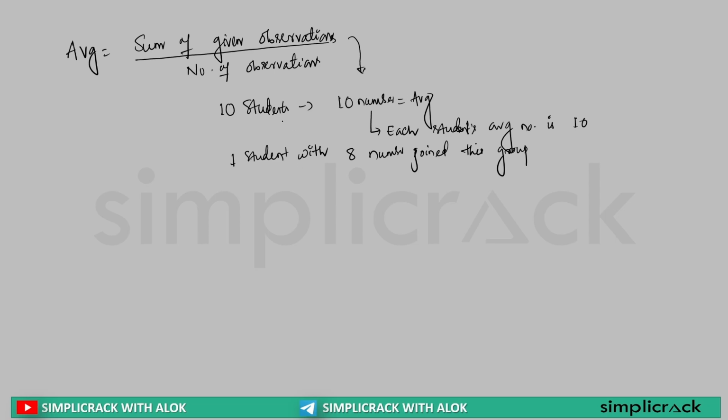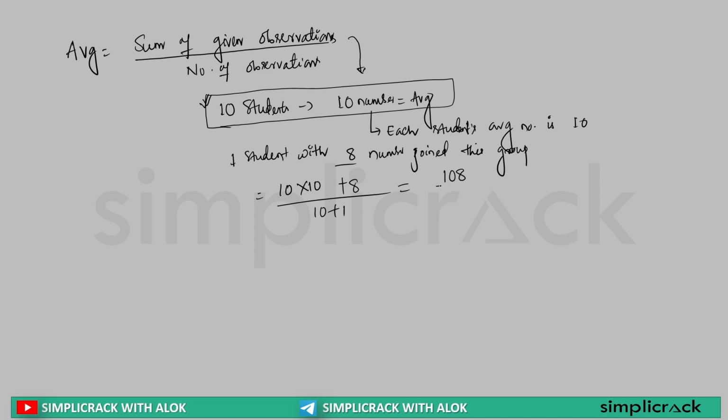The first option is the traditional method: the total score here plus the score here. That means the total sum of 10 marks of 10 students plus 8 marks by 1 student, divided by how many students are there? 10 plus 1. 10 tens are 100, 100 plus 8 is equal to 108, divided by 11. This will be the average number of the new group of 11 students.